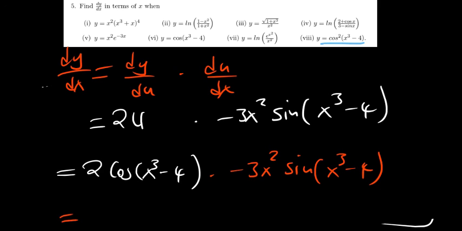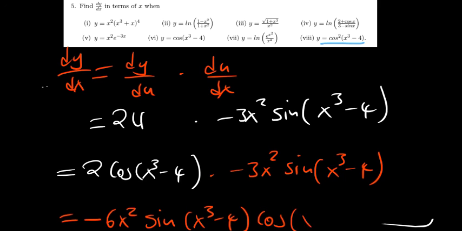So this time we're going to get negative 6x squared sine of x to the power 3 minus 4 cosine of x to the power 3 minus 4. So what is basically our derivative by applying the chain rule there? If you think you can simplify it further than this, please feel free to go on. Right.